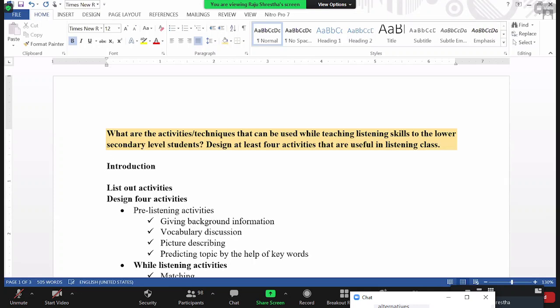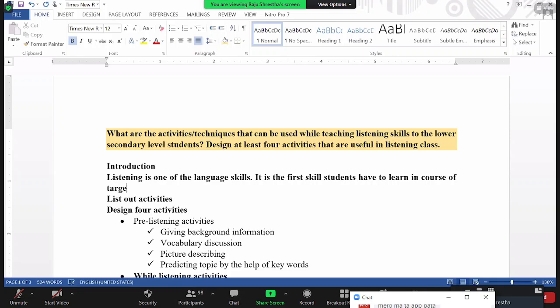Now, in the introduction part, how we start is like, listening is one of the language skills. It is the first skill students or learners have to learn in the course of target language learning.